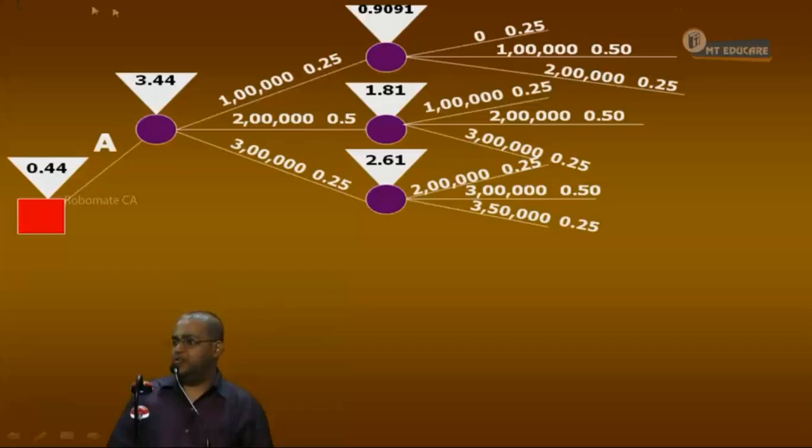Calculation: 1 lakh into 0.25, write along with me, 1 lakh into 0.25 plus 2 lakhs into 0.5 plus 3 lakhs into 0.25 is equal to how much? Is equal to 2 lakhs.